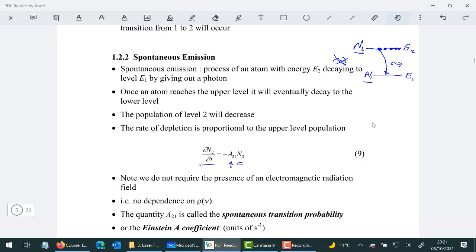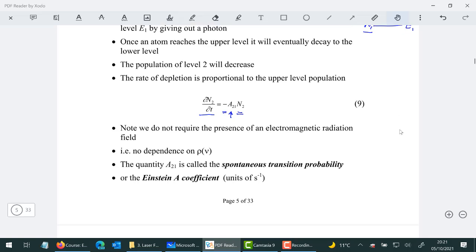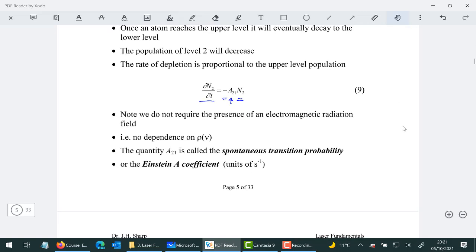And we have again a negative sign here because we're decreasing the number of atoms in level 2 with time. Notice that N2 is just a number here, and d by dt is obviously a rate of change, and so our Einstein coefficient must have units of per second.